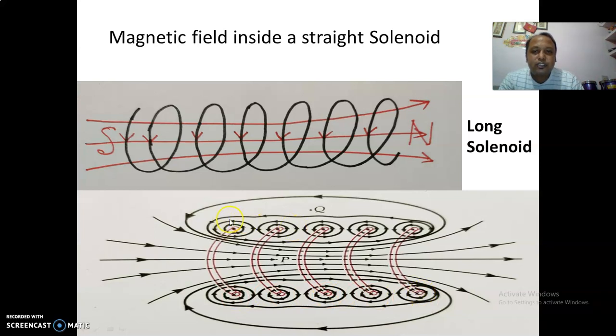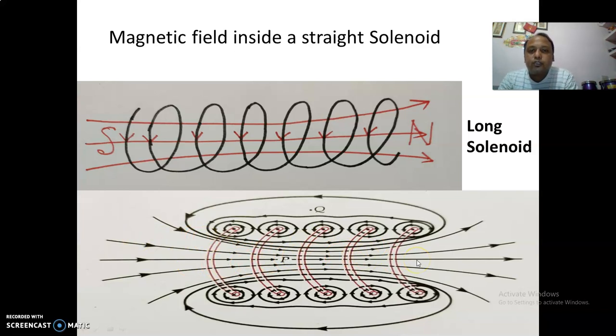The lines drawn here are the magnetic lines of force due to this current carrying conductor, we can say current carrying solenoid. You can see the lines which pass through the solenoid. So this represents the magnetic field inside the solenoid.